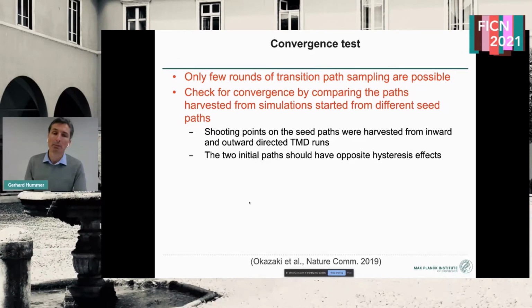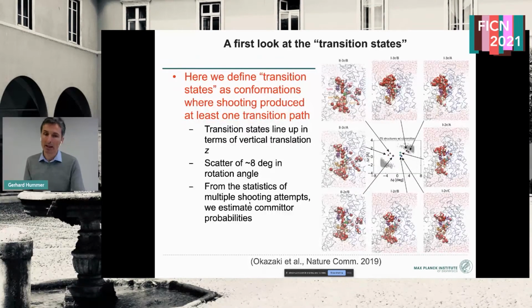So how do we ensure some degree of convergence? As I already pointed out, by taking advantage of the fact that the initial paths created by forward TMD and by reverse TMD will have opposite hysteretic effects, we can look at whether the transition states harvested from these two paths are coincident, which would indicate that we have indeed found a reasonable mechanism.